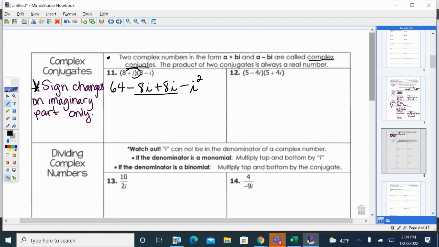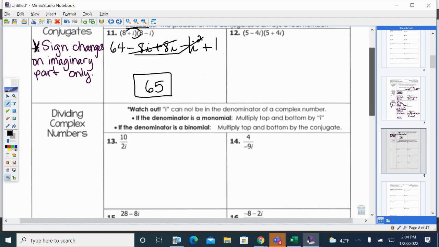Your negative 8i and your positive 8i are going to subtract out, and that happens every time. Your i squared is a negative 1, and negative 1 times the negative 1 in front is going to change that to a plus 1. So 64 plus 1 is 65. And that's how we multiply complex conjugates. And again, they always will be a real number.